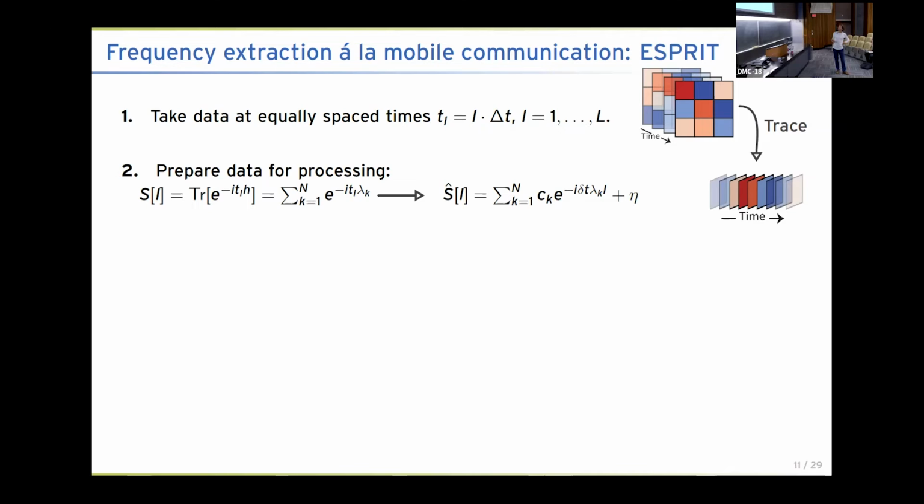It only cares about the times you measure at and the things you want to estimate. No, think of S of L as our data. The way we construct S of L is, for every time point, we have this e to the minus iHt. That's our data matrix. And then I take the trace of that data matrix. That's S of L. Exactly, in the ideal setting. Now, if I add noise, things happen, like additive and multiplicative noise.